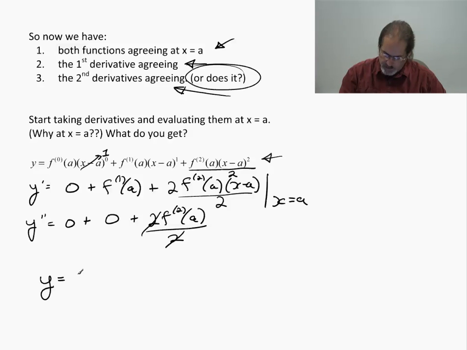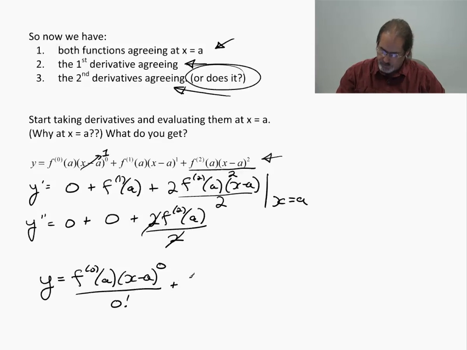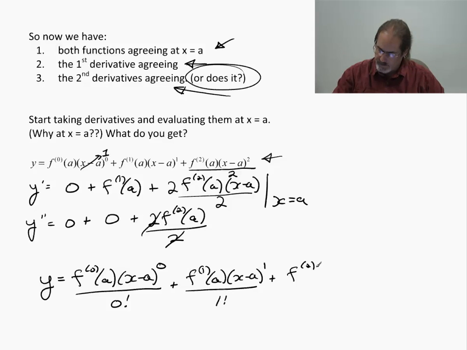How about y equals the 0th derivative evaluated at a times (x minus a) to the 0 divided by 0 factorial, plus the first derivative evaluated at a times (x minus a) to the first over 1 factorial, plus the second derivative evaluated at a times (x minus a) squared divided by 2 factorial.